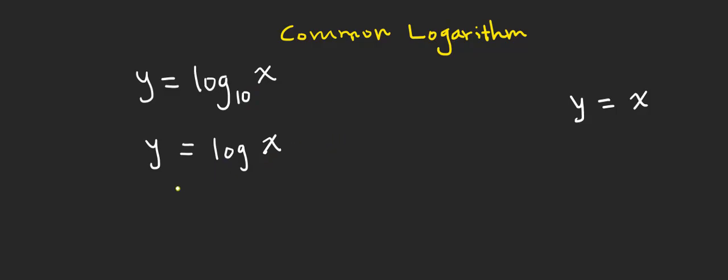So when you have y equals log of x, that is the same thing as 10 to the y equals x when you change it to exponential form, for when x is greater than 0. Remember, x over here has to be greater than 0, which means it has to be positive.